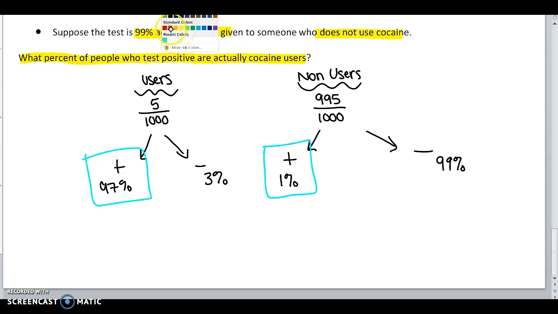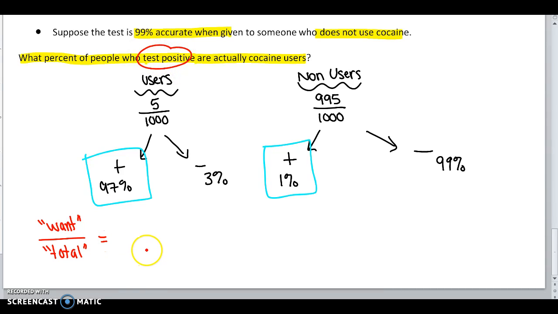So I want to go back to the idea that with probabilities, what you want is out of the total. In this case, the total is people who test positive. But what we want is the percent that are actually users. And this tree diagram can show you where that happens.